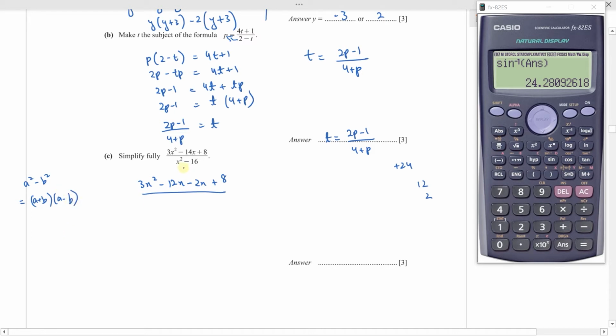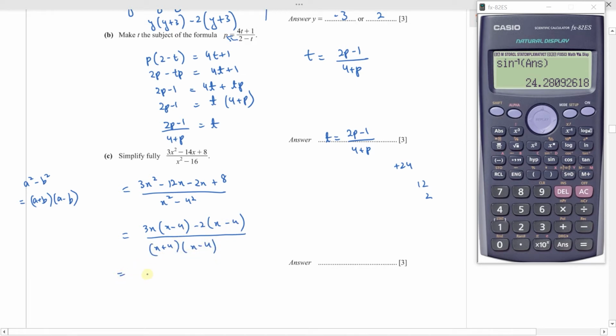So this here is x square minus 4 square. And then let's continue. I will take 3x common, x minus 4, and then I'll take minus 2 common, and I'll be left with x minus 4 here as well. And then in the denominator, I'll use this formula. I'll get x plus 4 into x minus 4.